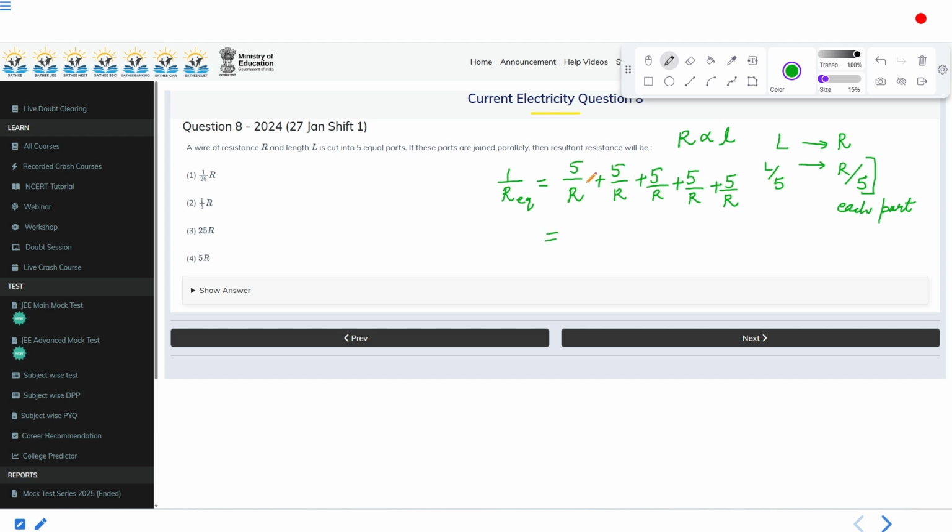So 5 plus 5 plus 5 and so on, 25 by R, is 1 by R equivalent. That means R equivalent is R by 25. Got it? So the first option is correct.